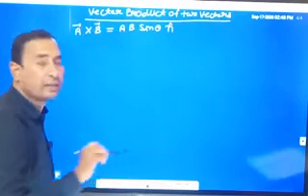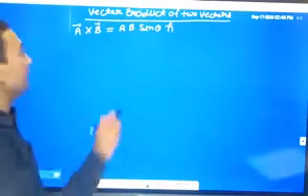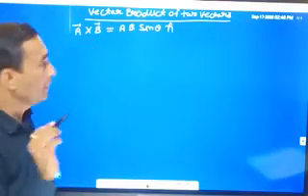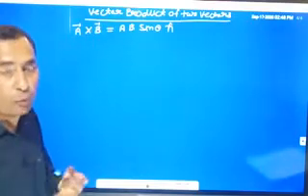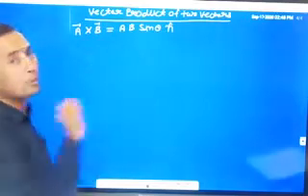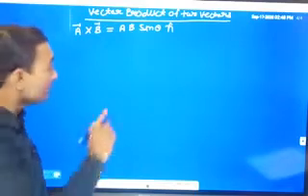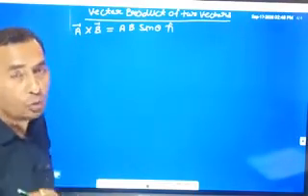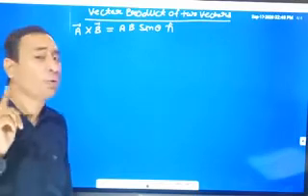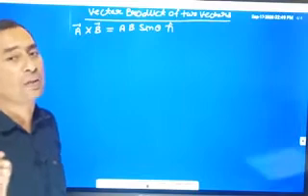This n cap is the unit vector in the direction of a cross b. See, this is the vector product. By the vector product, the cross product of two vectors, we got another vector, and this n cap is a unit vector, and we know that a unit vector has magnitude 1 and it only shows the direction of any vector.